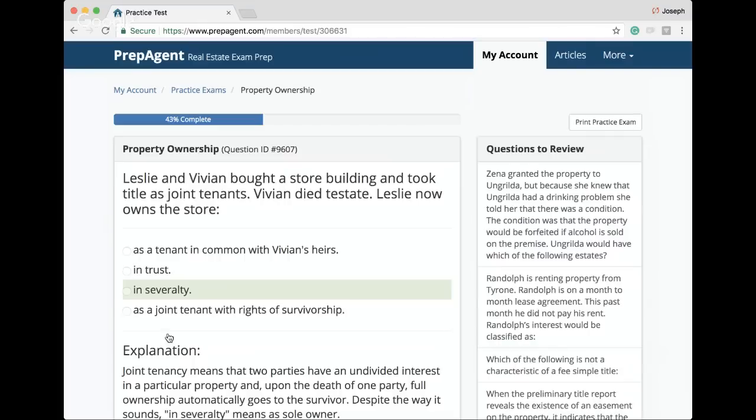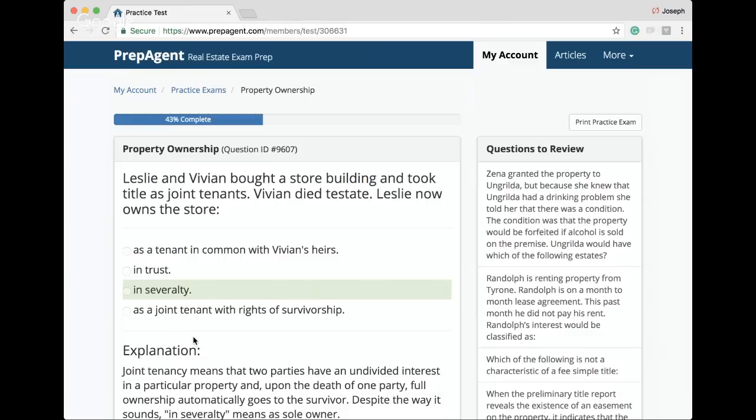In severalty, because Leslie now owns the store outright because it was joint tenants. It doesn't matter if Vivian died testate and had a will for her family, okay? Because she doesn't have that right, because Leslie has the right of survivorship. So now Leslie owns it alone in severalty. For those of you who got confused, look at it again.